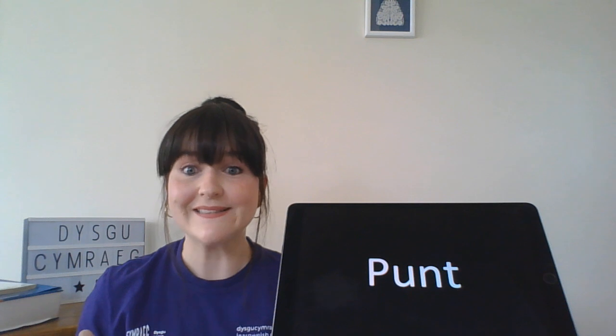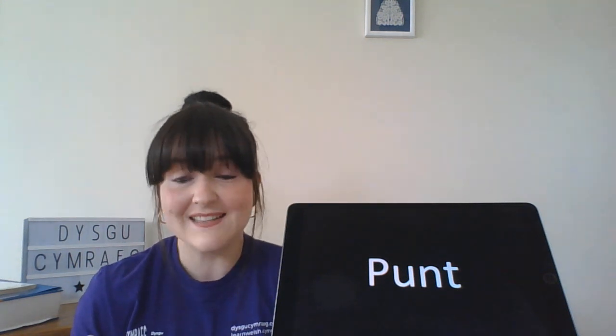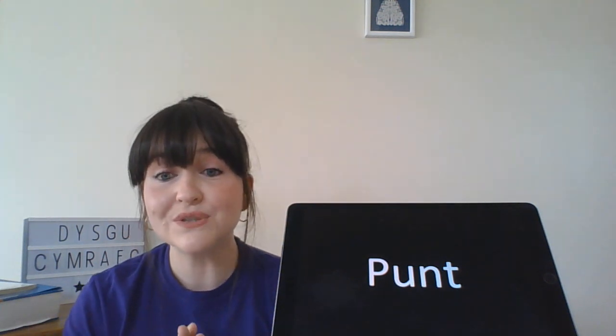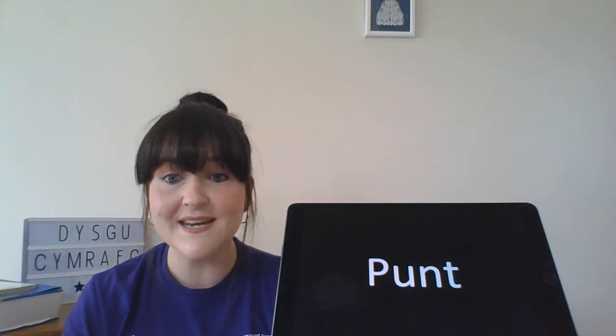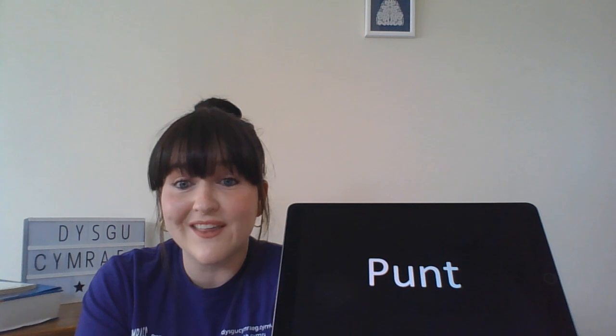Punt. So we're going to be answering the question now and saying, how much are things? This section of the unit is going to be introducing the feminine numbers. So we have feminine numbers in Welsh, but don't worry about it, as your tutor will explain everything in your lesson.